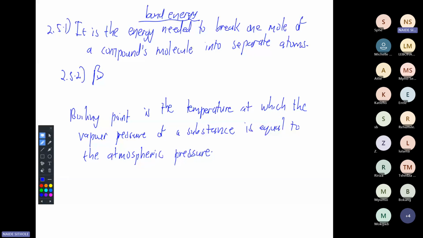Yes. So it is the temperature at which the vapor pressure of a substance is equal to the atmospheric pressure.